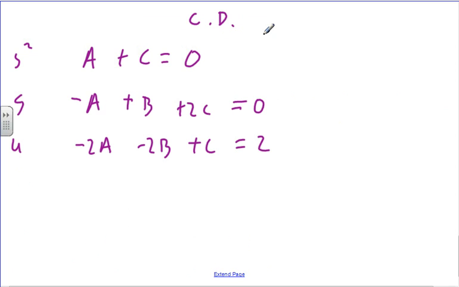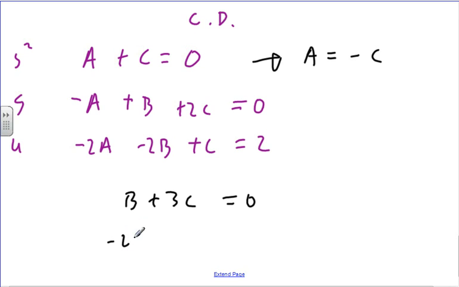Now I could go get my spreadsheet that solves this for me. That's probably what I should do. I look at this and say A is equal to minus C. So I'm going to have B plus 3C is 0, and minus 2B plus 3C is 2.